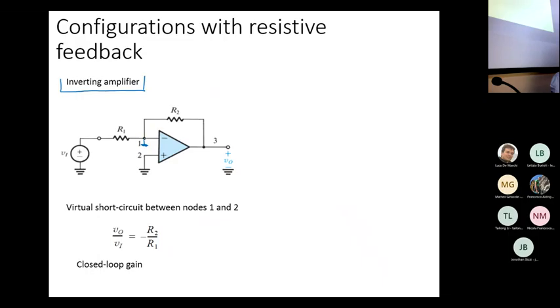If you have a virtual short circuit here, then this node is virtually grounded. This means that you can estimate the current which flows through R1 as V input divided by R1. This current flows in R2, because there is no alternative path, since an ideal op-amp is characterized by an infinite input impedance.